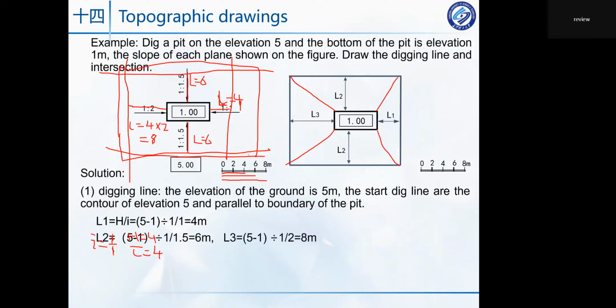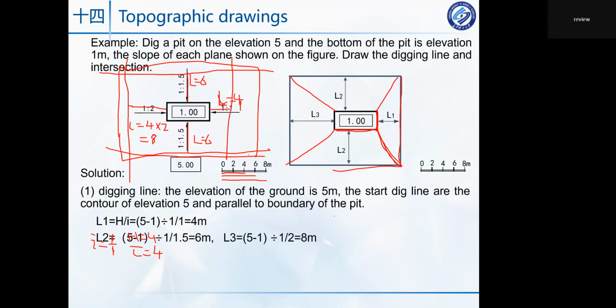Because the contour lines with the same elevation meet at a cross point, and this line and this line have the same elevation. So we connect the cross points with the same elevation, and we get the intersection line of two surfaces.